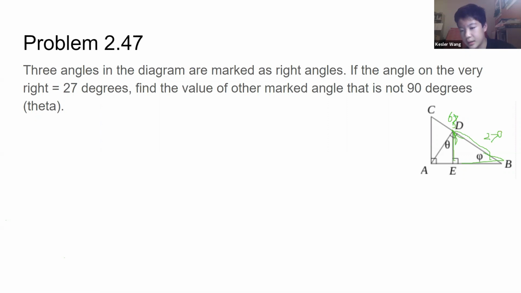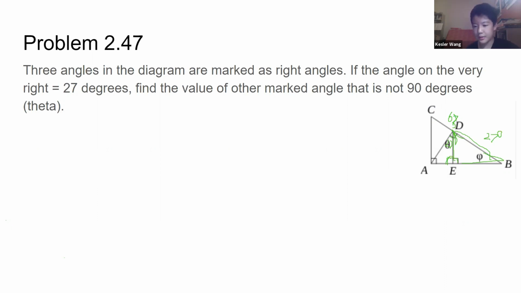Then, because this is a 90-degree angle, we can subtract 63 degrees from 90 degrees. So we can say that angle EDA, this angle right here, is 27 degrees. And this angle here is another right angle because these two angles added up together are 180 degrees. And angle DEB is a 90-degree angle, so the angle DEA has to be a 90-degree angle.